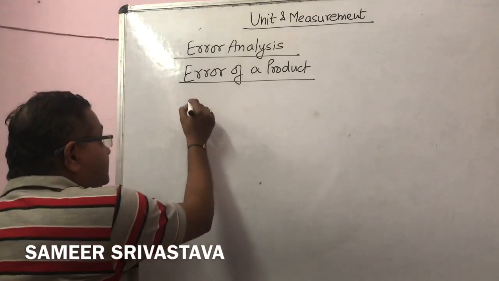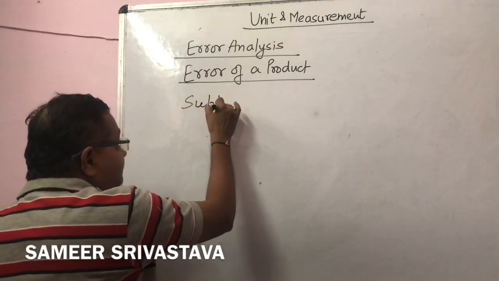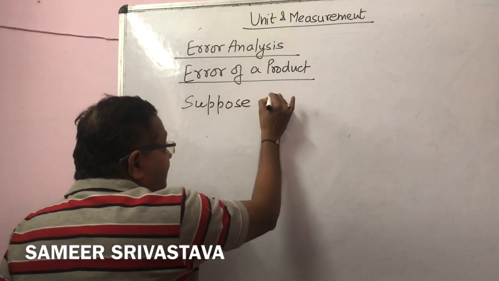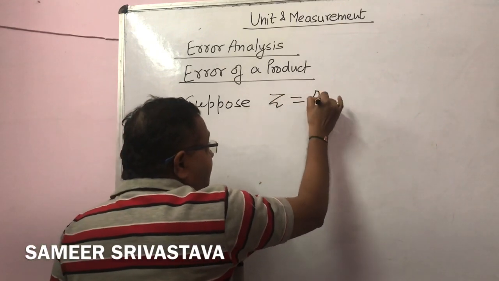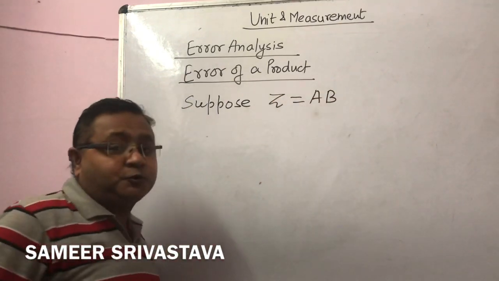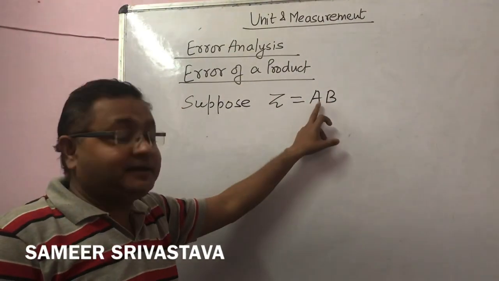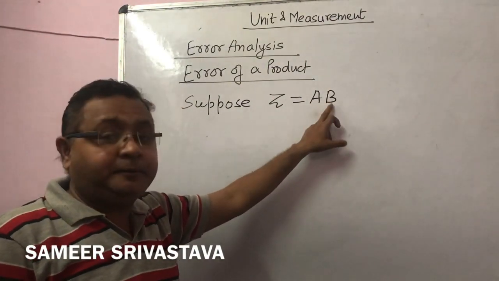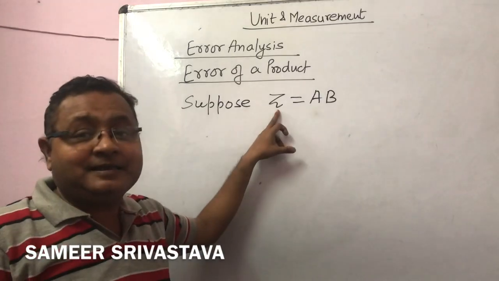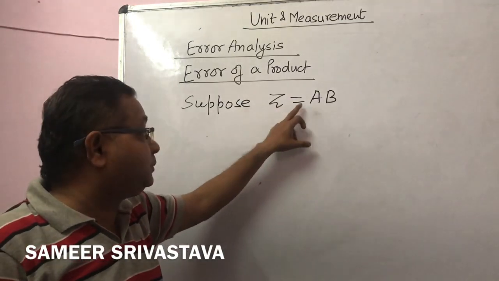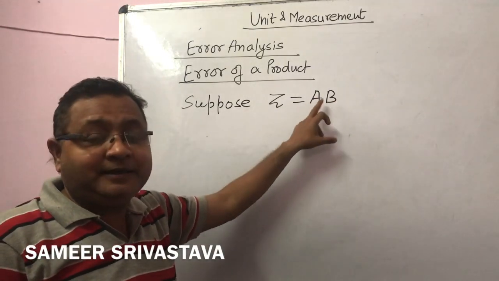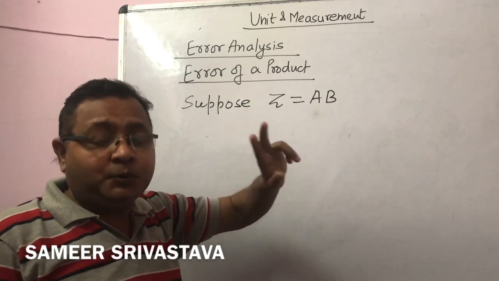Now suppose Z is equal to A into B. We have two physical quantities A and B, and the product of A and B is considered equal to Z. So Z equals A times B, where A and B are the two physical quantities.